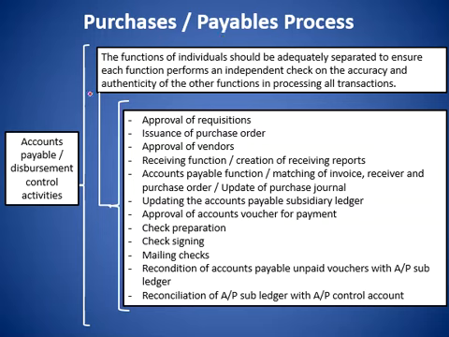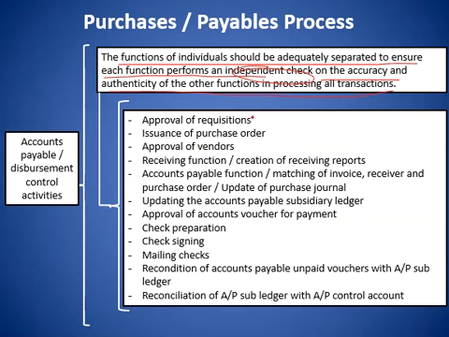In this case, we're talking about segregation of duties, and it says here the functions of individuals should be adequately separated to ensure that each function within the purchases and payables process performs an independent check on the accuracy and authenticity of the other functions within the processing process, so to speak.